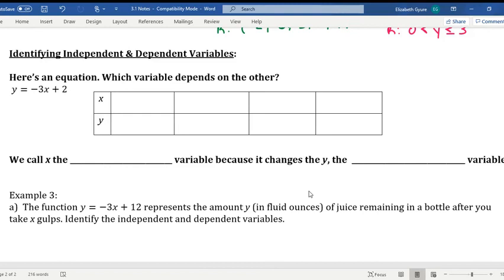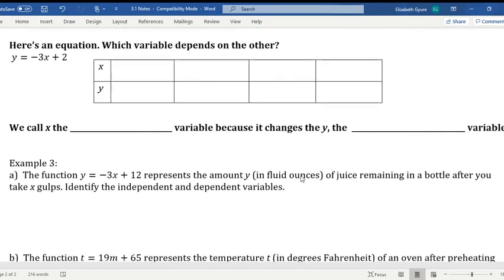All right, so if a value is independent, it does its own thing, right? But if something is dependent, doesn't it kind of rely on what everything else is doing? Okay. So when we're dealing with especially word problems, we have independent and dependent variables.